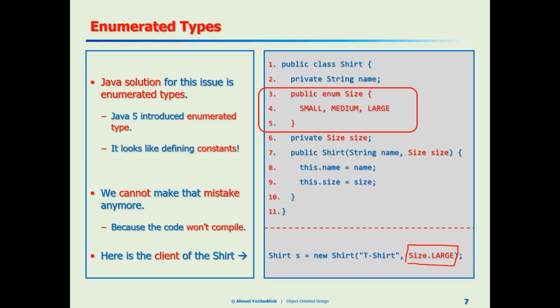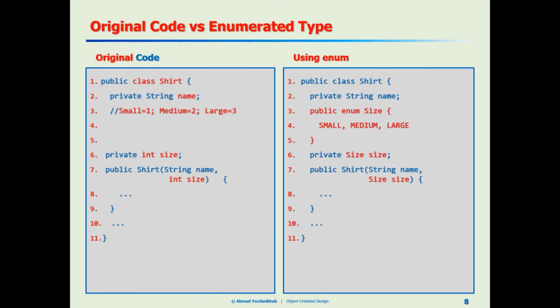So it looks like that, this public enum Size, we can use it like a static class. You see, we mention the class name and then the value that we just mentioned here, right? Okay, so let me show you side by side the old code and the new code using the enum, and let's see how they differ.